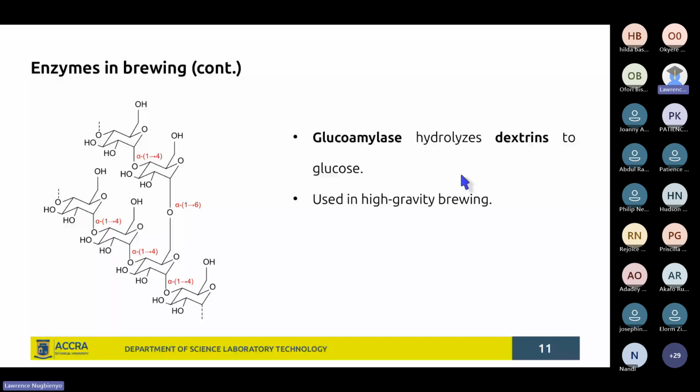That is to separate the ethanol from the water content in it.